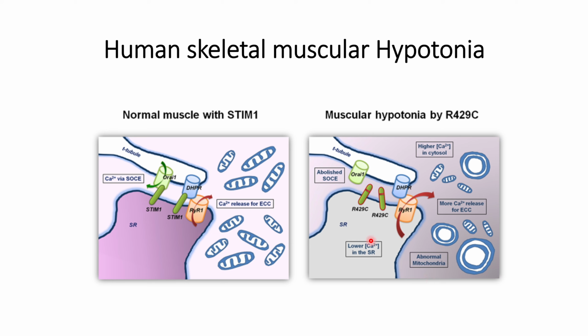Another problem, because of low Ca2+ in the endoplasmic reticulum, is that it also initiates ER stress, which causes an unfolded protein response that leads to epigenetic changes. So that will cause another cascade of problems in the muscles and the cells.